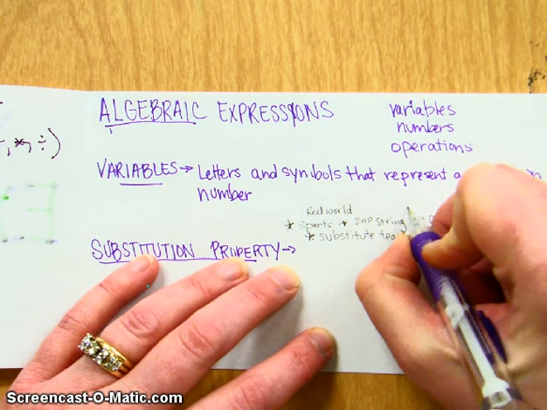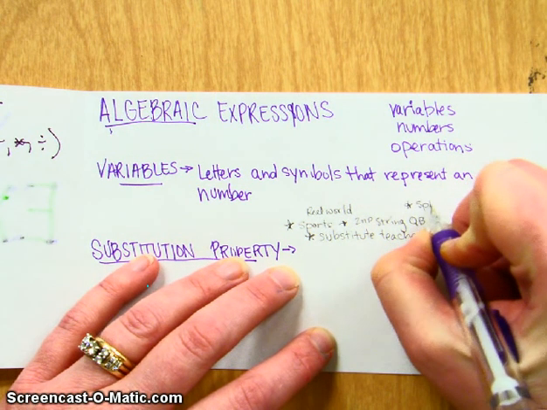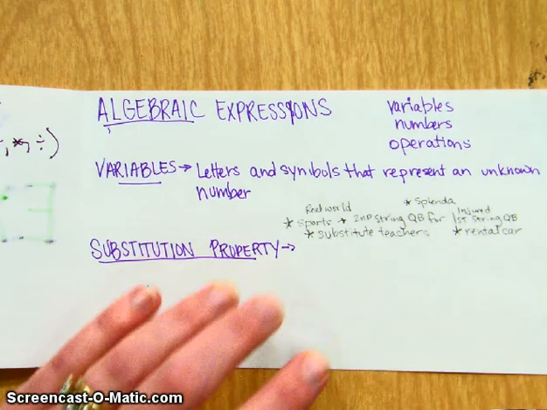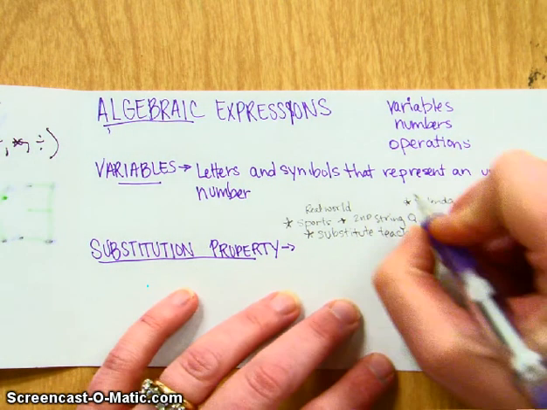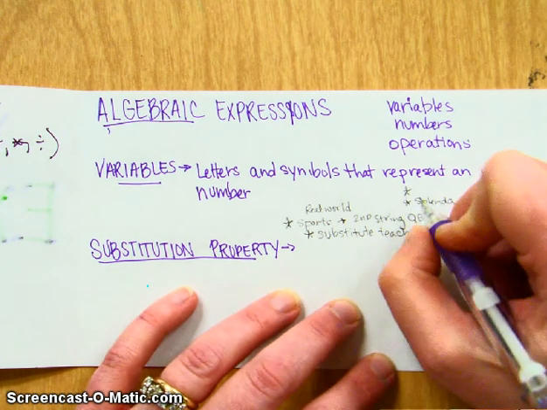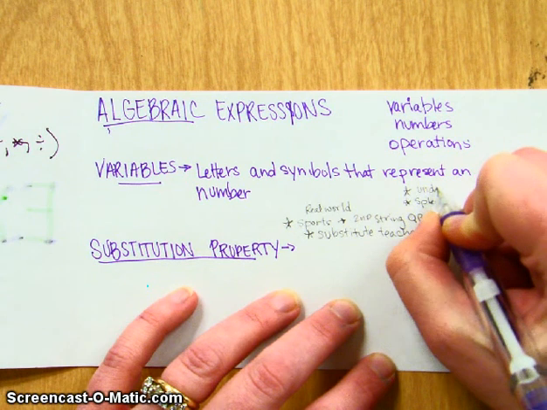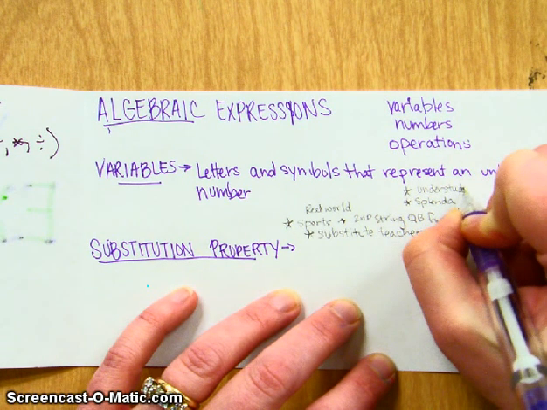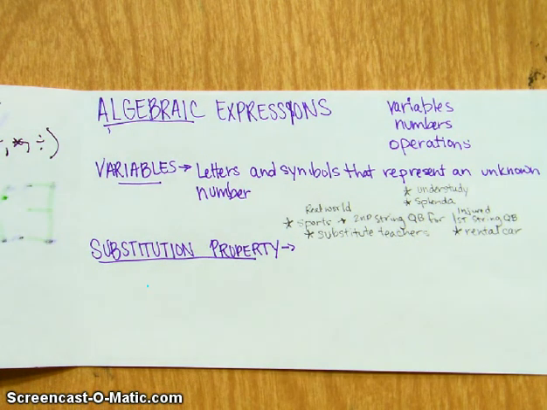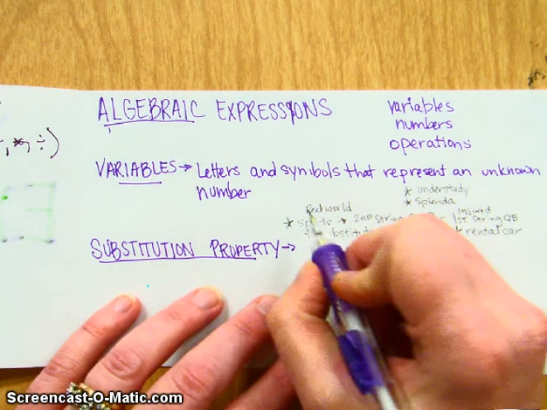Splenda is a substitute for sugar. It's a sugar substitute. If you are into theater, an understudy would be a substitute. So those are some real world applications of substitution property.